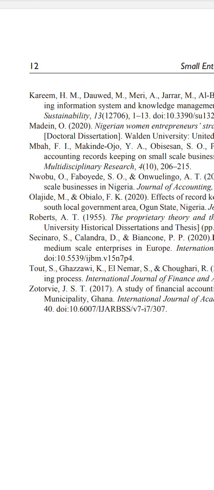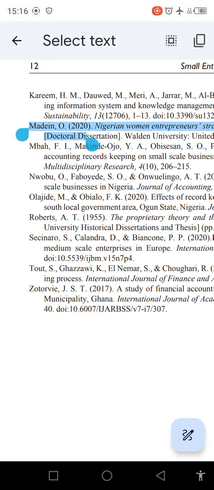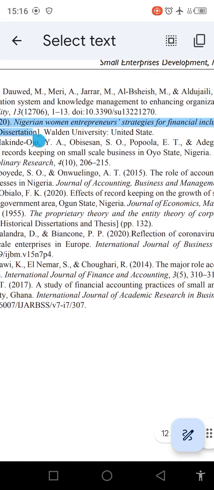So unlike the journal article, where we have the journal source, the volume, the issue, and the pages, these are not present in a textbook, and they won't be included while referencing a textbook. So let me show you how to reference a textbook here.